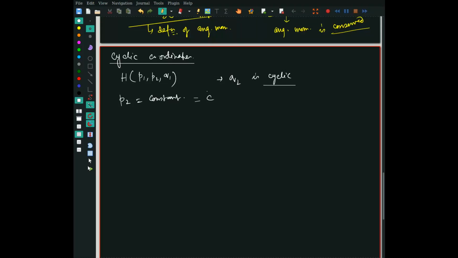So you just plug it back in here, and then H becomes a function of p1, q1, and some constant C. But this C is a constant, so you can treat it just like a parameter. So this apparently two-dimensional problem, by virtue of q2 being cyclic, becomes a one-dimensional problem now, because the non-trivial dependence of H is on p1 and q1.